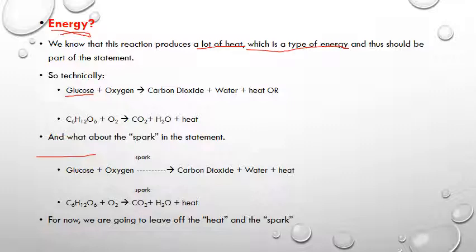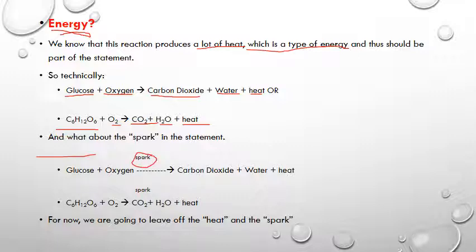So we should really say glucose, chemically added to oxygen, will yield carbon dioxide and water and heat. Or we can write it with the chemical formulas: C6H12O6 plus O2 yields CO2 plus H2O plus heat. And how about the spark?